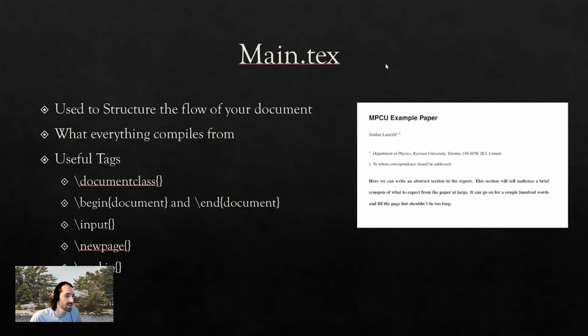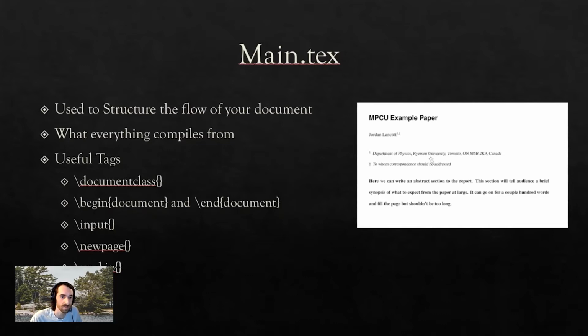So when we're hitting that compile or that Control S I was showing earlier, that is what is going to be fed to the final output that you see on screen. So it's pretty useful for controlling the flow of your document. It's where you want to insert the other components and tie it all together.